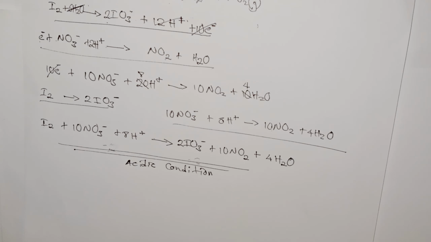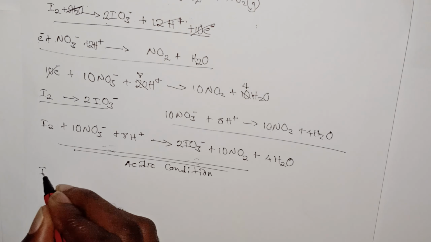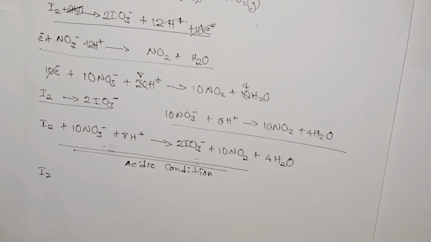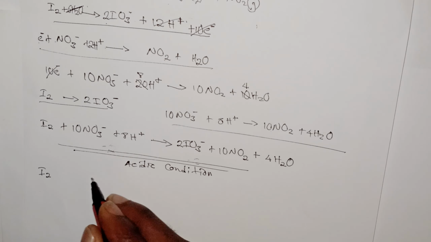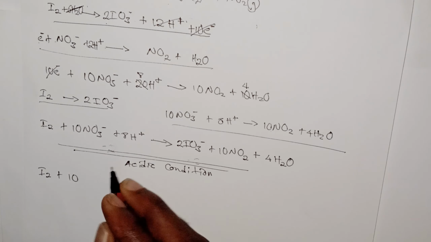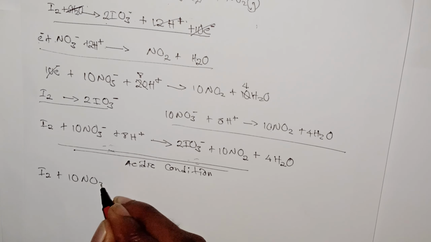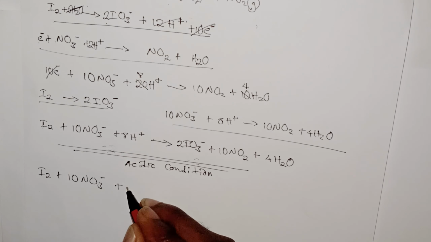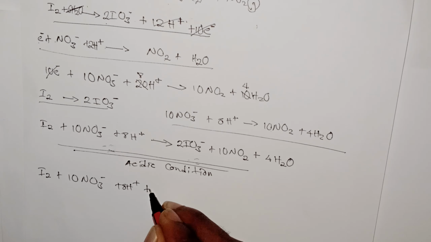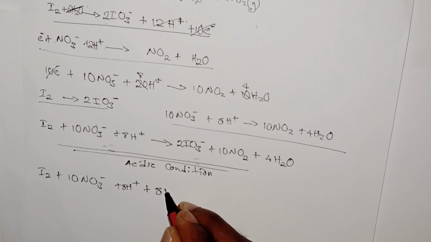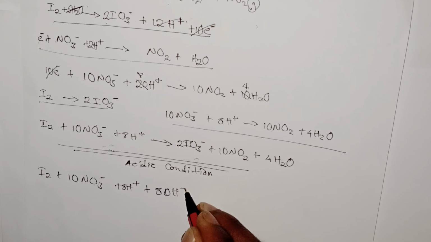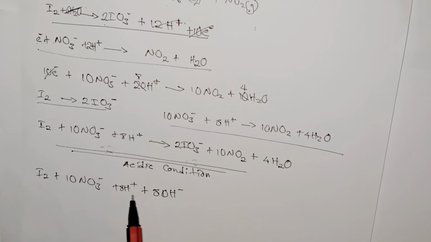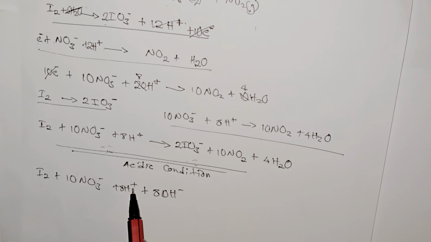So when we add hydroxide ions on both sides, what we are going to have is this one, plus 8 hydroxide ions. I've added 8 because here we have 8 hydrogen ions so that they can form water, right?